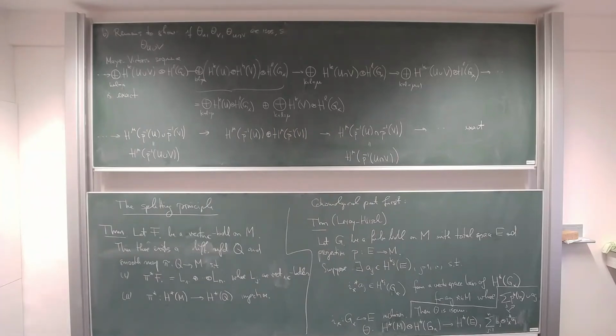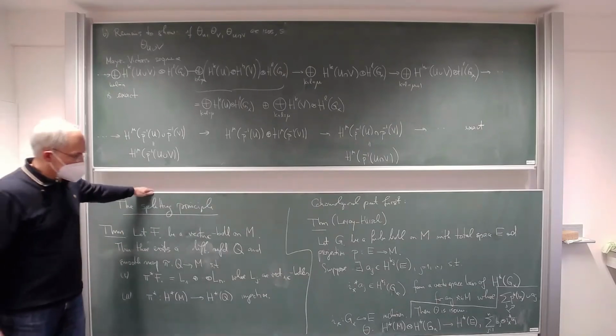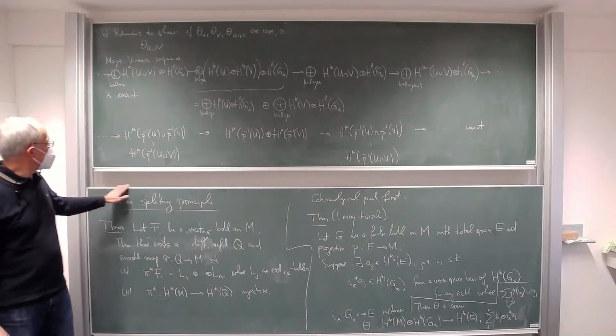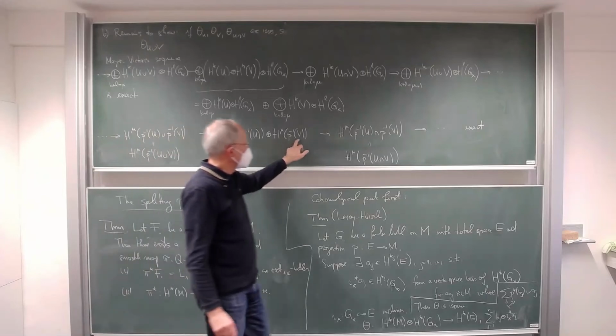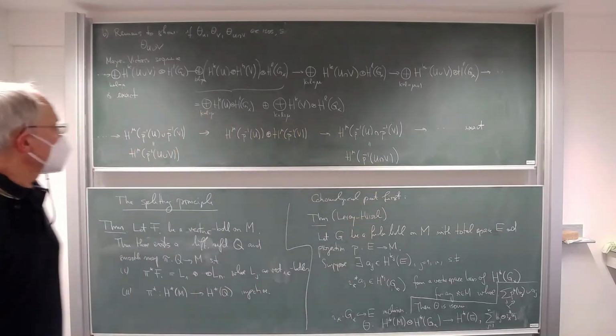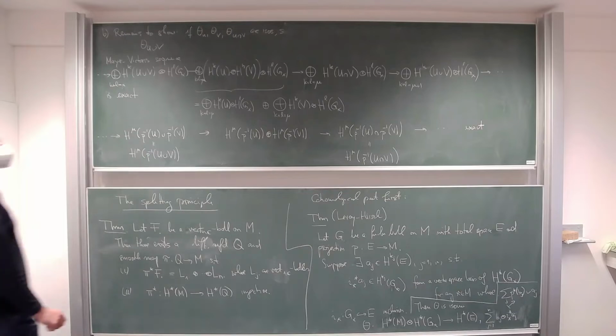And now what we see is that we always have the right-hand side of the theta map if we replace the manifold M by either the union, or by U, or by V, or by the intersection. So we have these two exact sequences, and we have also these theta maps between them. So let's add them to the diagram.